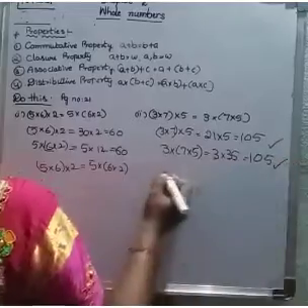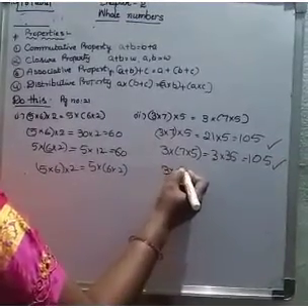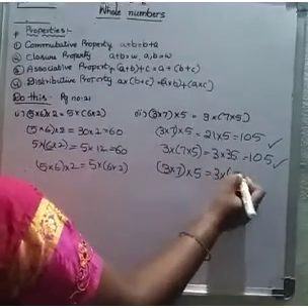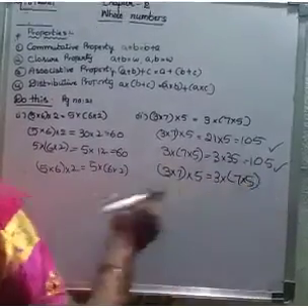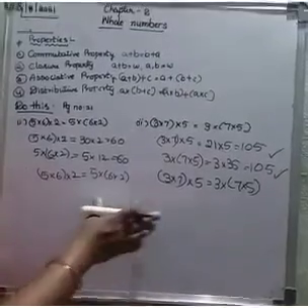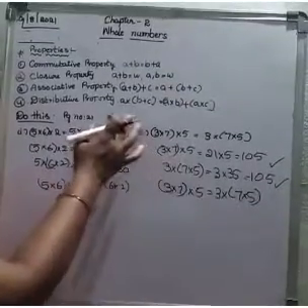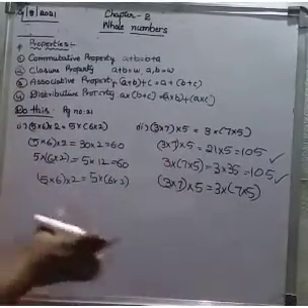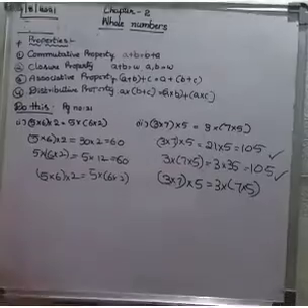Both are equal now. So, 3 into 7 into 5 is equal to 3 into 7 into 5. This is the multiplication associative property over whole numbers. A into B into C equal to A into B into C.